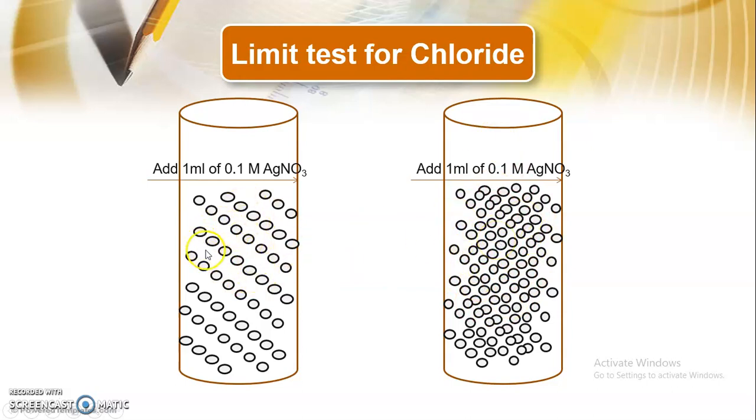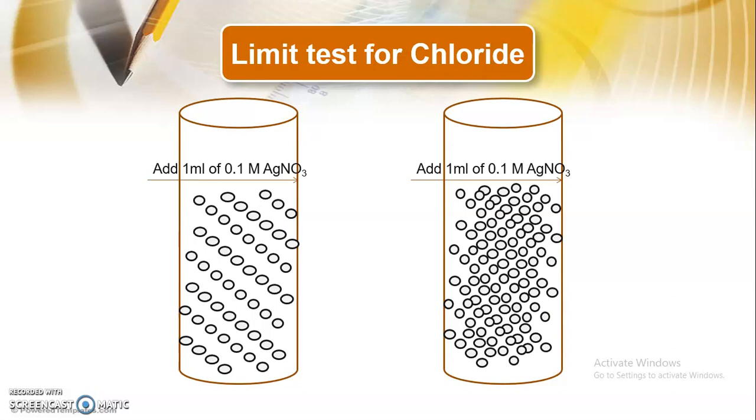So in this case, we can say that our sample passes the limit test. And if the situation is reversed, then we can say our sample does not pass the limit test for chloride. In this way, we can perform the limit test for chloride for any sample. Also, the procedure we use depends upon which sample we are going to use.